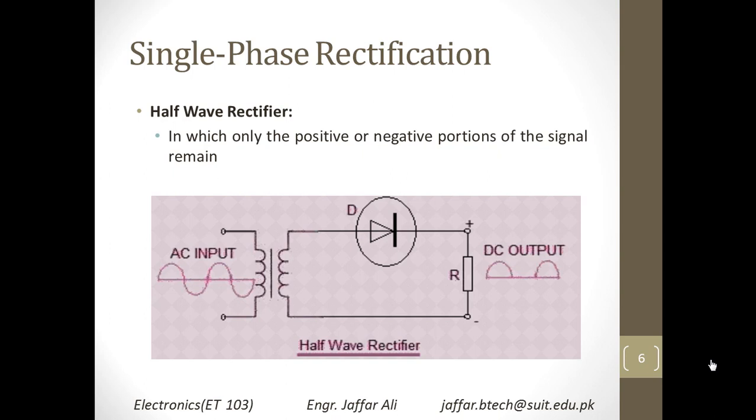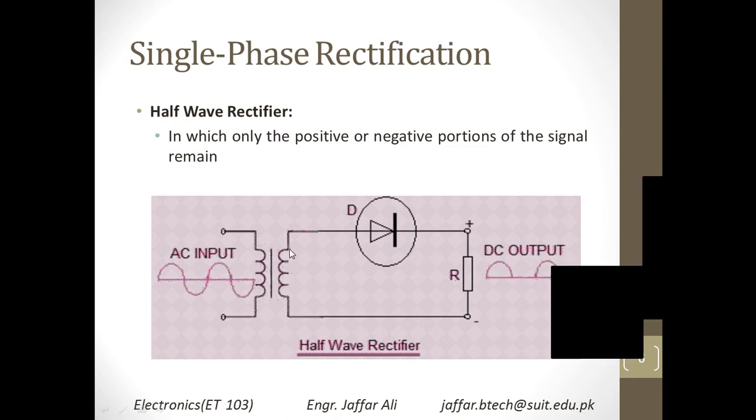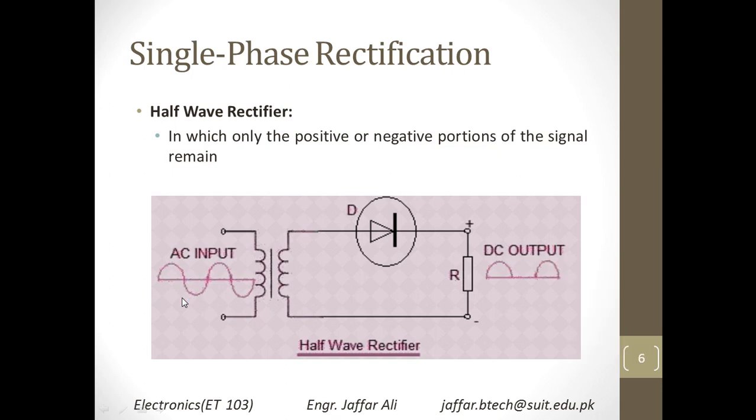You can see that this is our input, which is AC, with a frequency of ups and downs, and this is the output DC. This is not pure DC, this is known as pulsating DC.